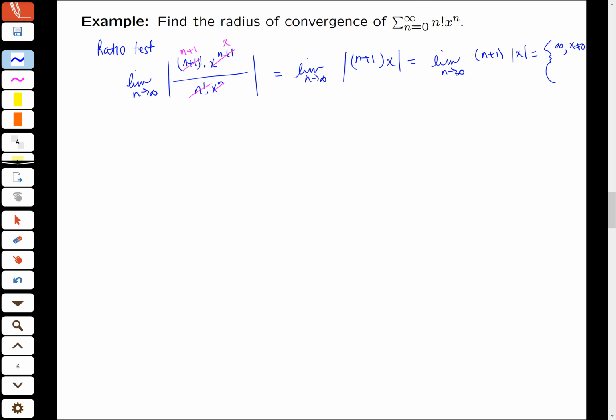If x equals 0, then the limit is 0, because 0 times n plus 1 is 0. There's no limit to take. So it converges only when x equals 0.